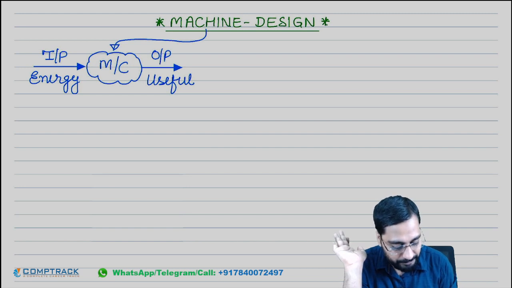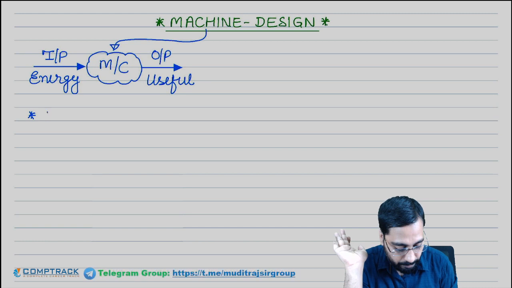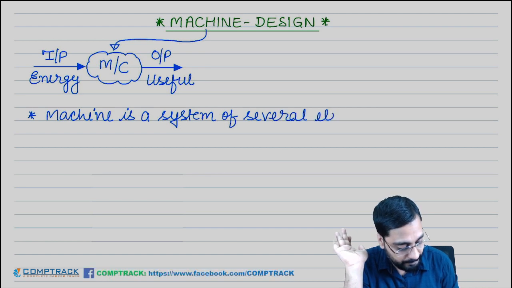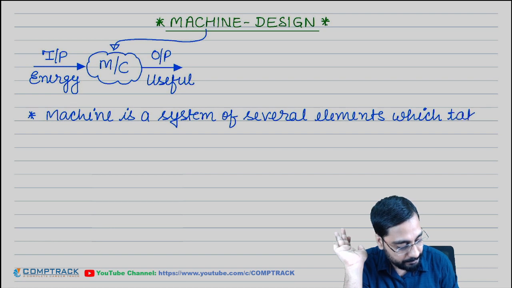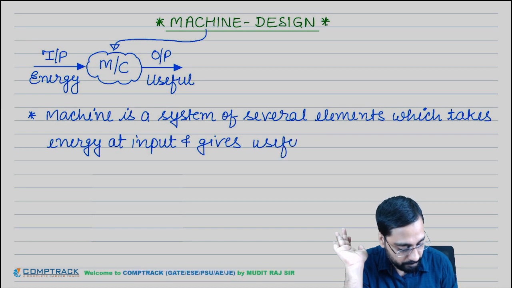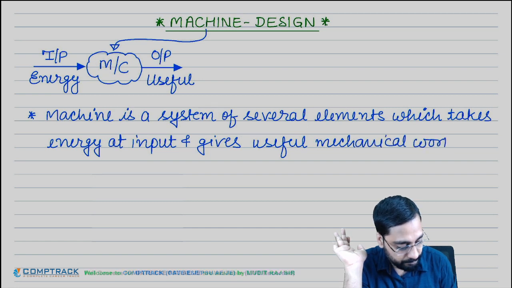So what is the definition of machine? Machine is a system of several elements which takes energy at input and gives useful mechanical work at output.